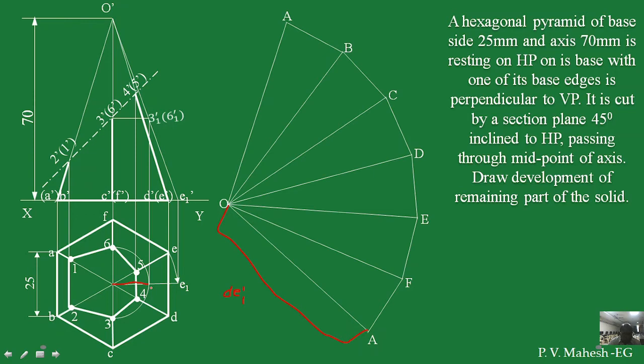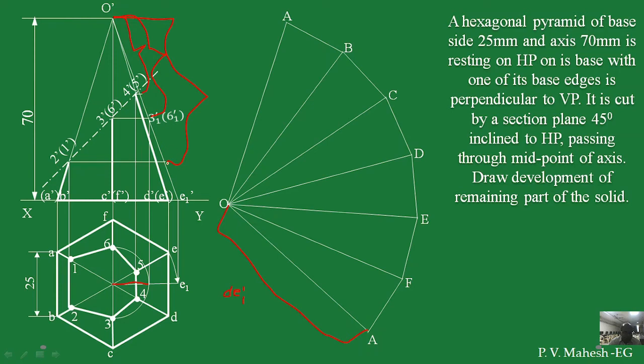What I have to do is draw a horizontal line from 1, 2 onto this OE. So I have this distance. With this distance I will get points 4 and 5, with this distance I will get points 3 and 6, and with this distance I will get the points 1 and 2 on the development.